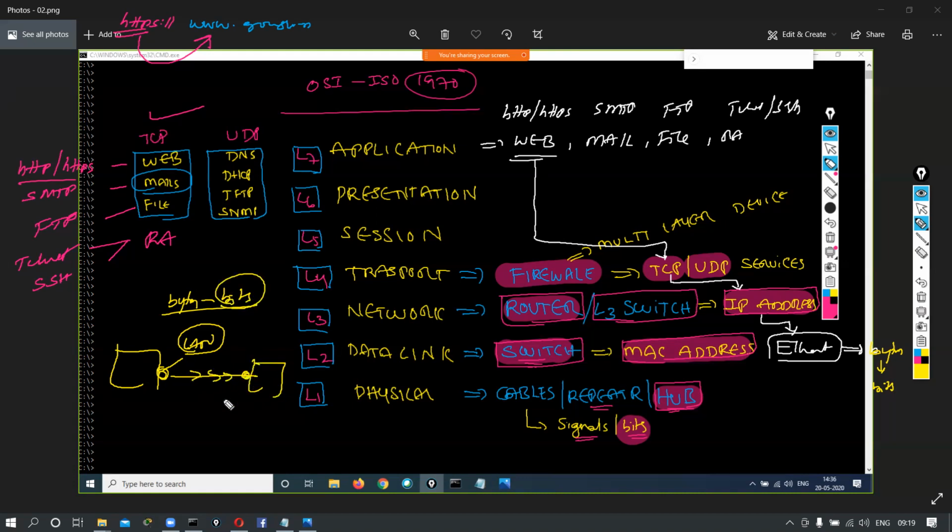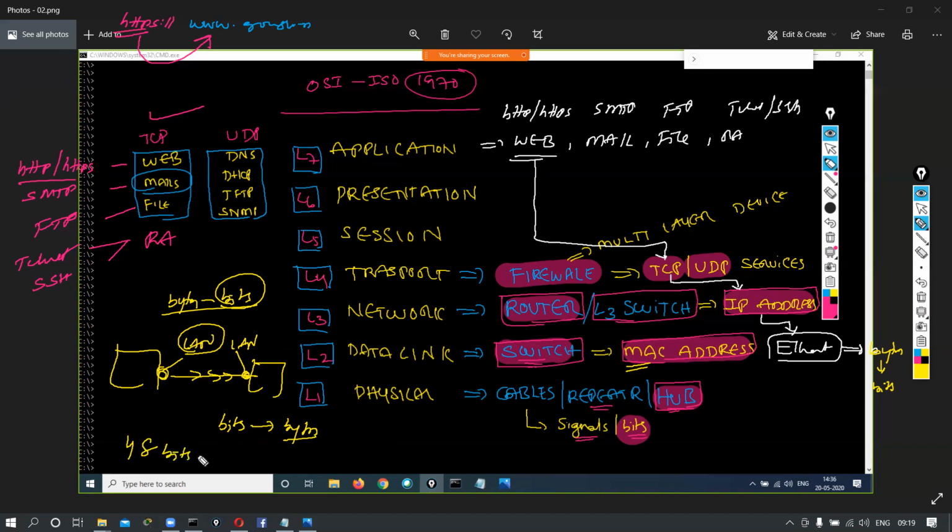It will come there. Then what will this LAN card do again? This is also a LAN card now. It will be converting from bits to bytes at layer 2. At layer 2, what field can we see? MAC address. How many bits is a MAC address? 48 bits in binary.